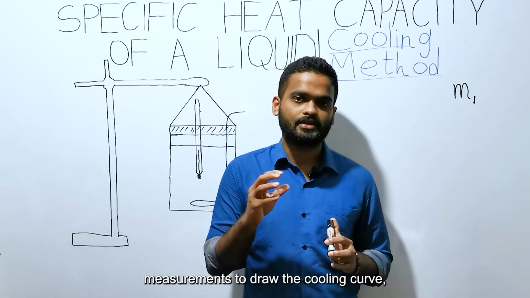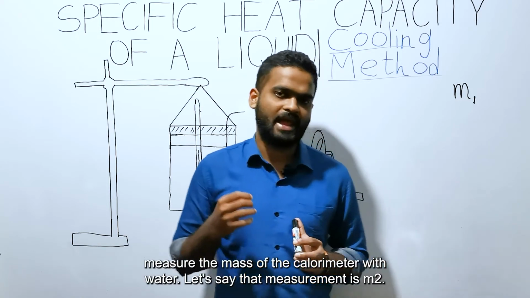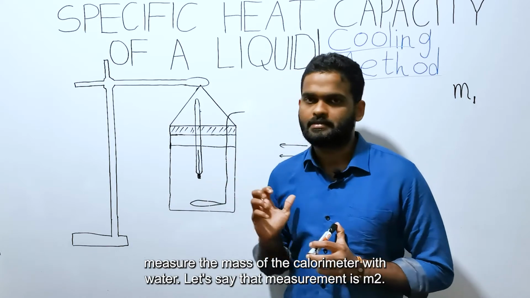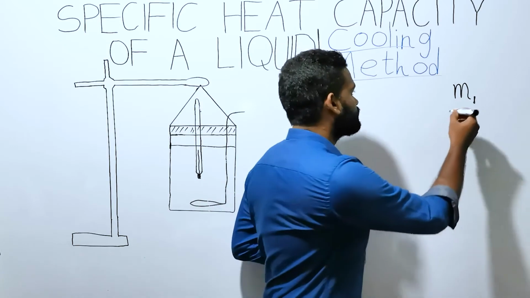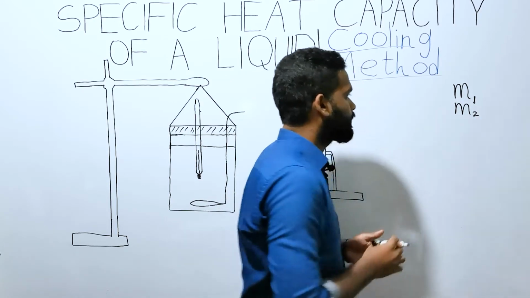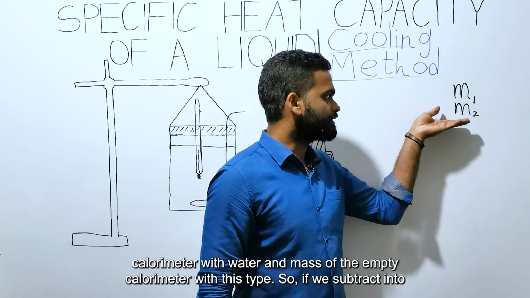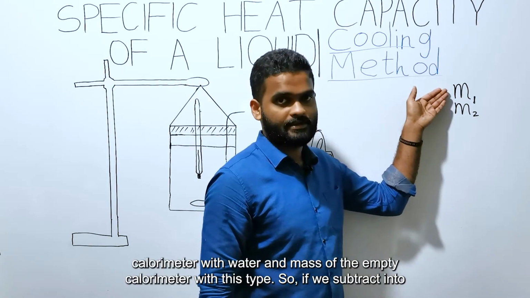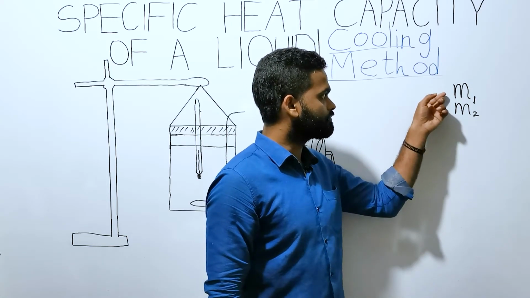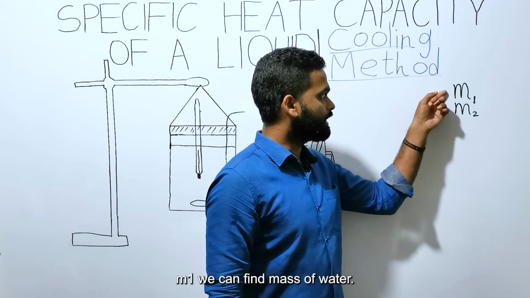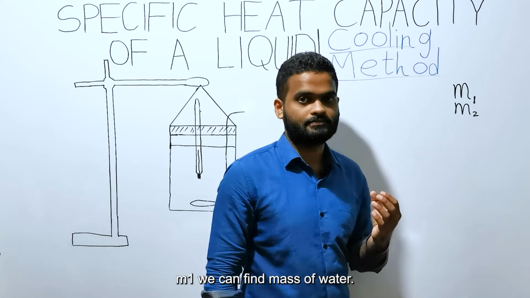Once you get the temperature measurements to draw the cooling curve, measure the mass of the calorimeter with water. Let's say that measurement is M2. So we know the mass of calorimeter with water and the mass of the empty calorimeter with styro. So if we subtract M1 from M2, we can find the mass of water.